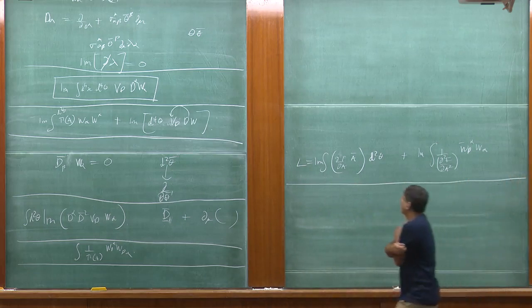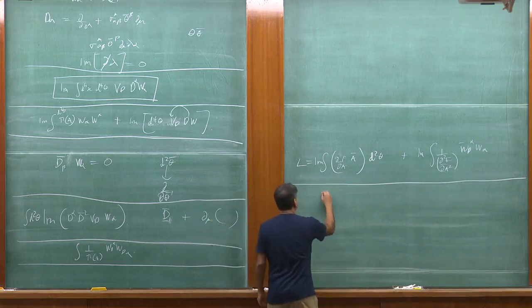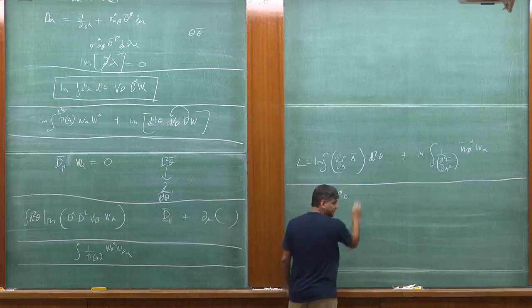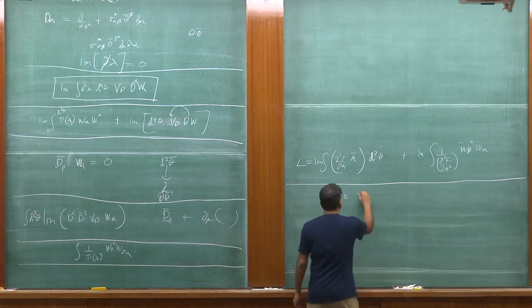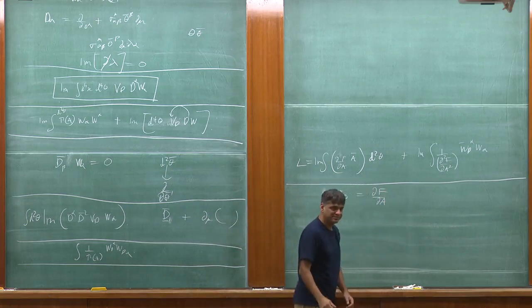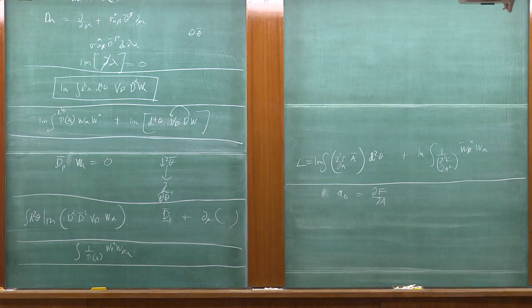Let's use this notation that we'll get very used to soon: A dual is equal to del F by del A. Logically speaking, A dual is a function of A. It's a holomorphic function of A.